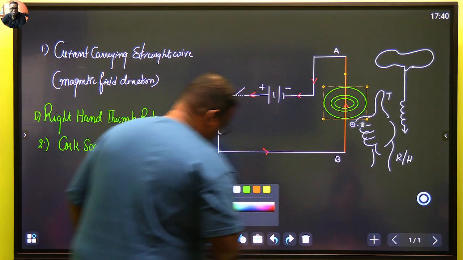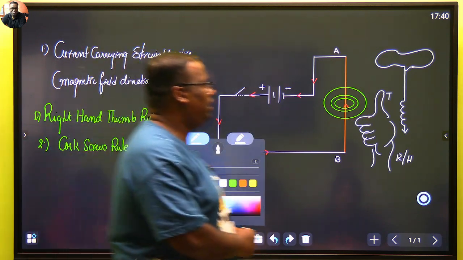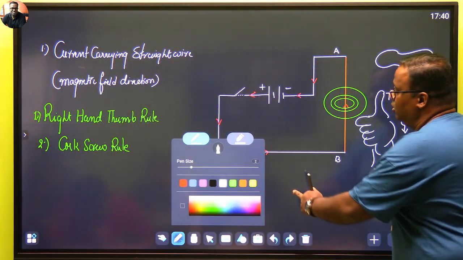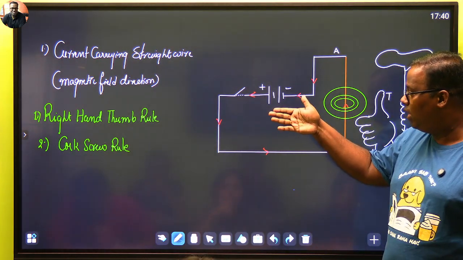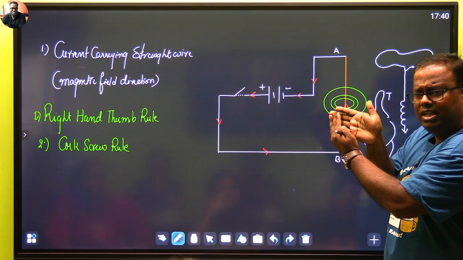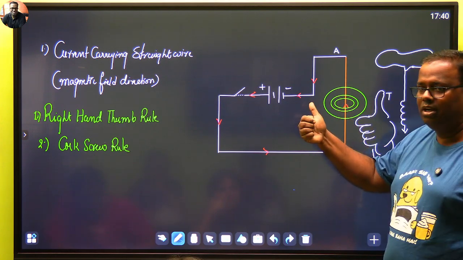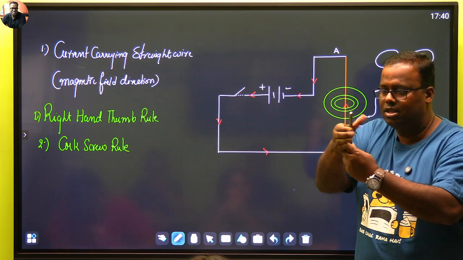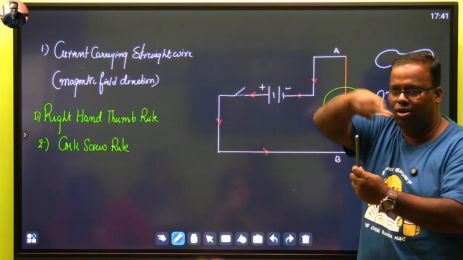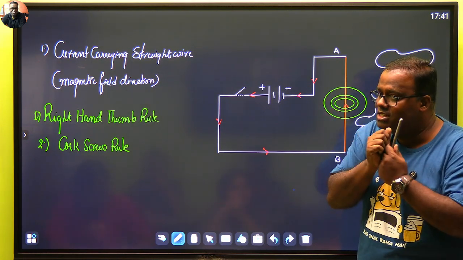Okay, what did I tell you, children? Align your thumb in such a manner that the fingers then have only one position to curl. Ulta curl to curl kar hi nahi sakte na, you cannot do. They curl like this. So once you curl it, it's like this. So these circles go all about. And which direction are the circles rotating?